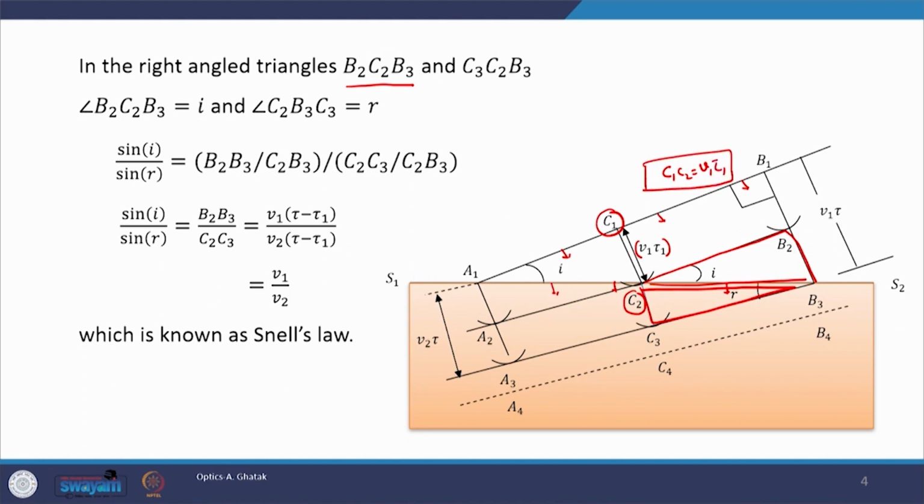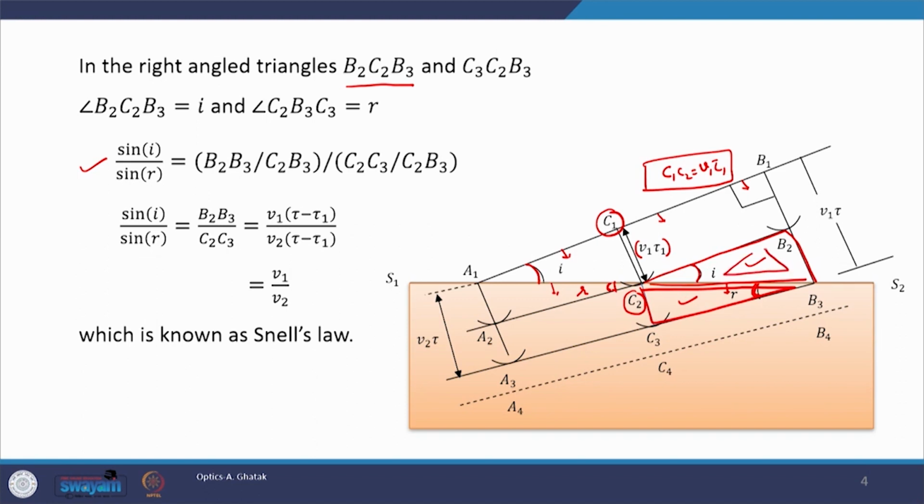We also assume that the angle of incidence of this wavefront at the S1 S2 interface is I. Therefore this angle would be I, which is our angle of incidence, and suppose the angle of refraction is R, therefore this angle would be R. Having known this, let us write the expression for sin I by sin R using these two triangles. What would be sin I in this upper triangle?